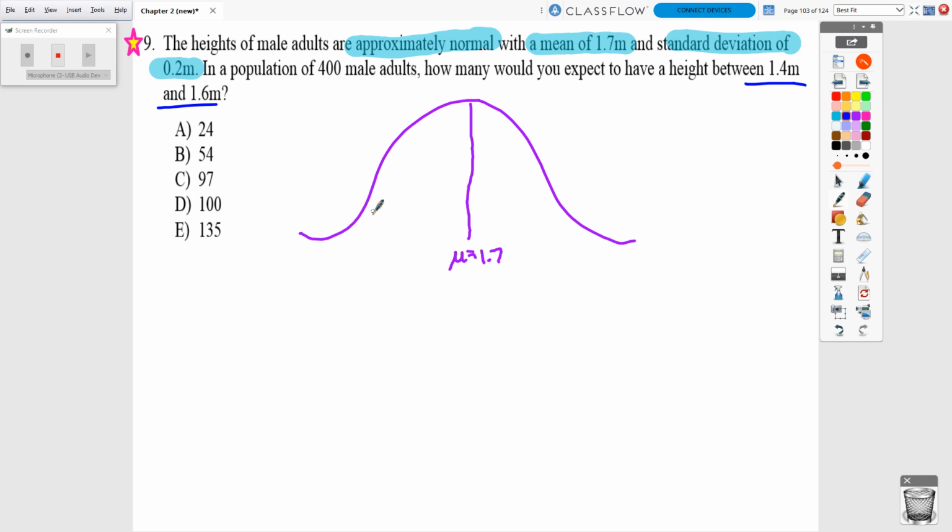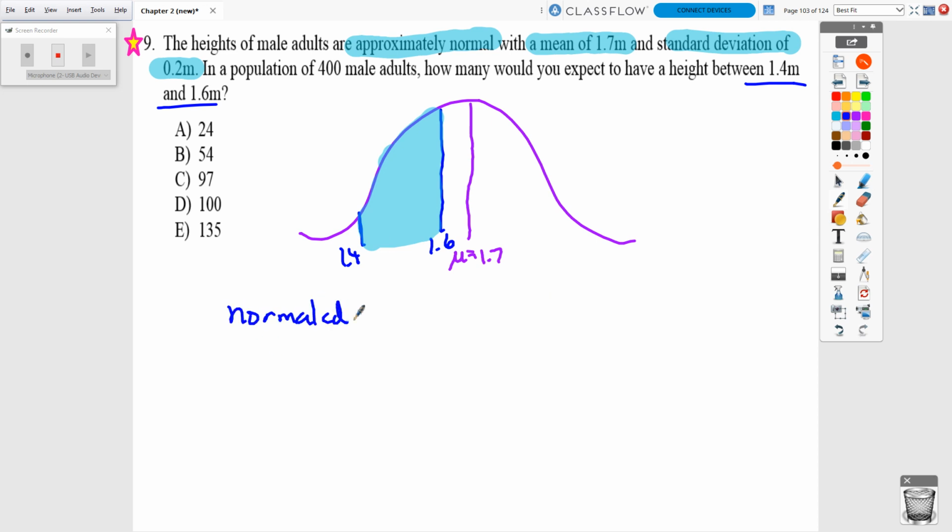Well, I know 1.4 is to the left of 1.7, and 1.6 is going to be to the left of 1.7. So I'm just going to estimate. Here's where 1.6 is, here's where 1.4 is going to be. And I can figure out what percent of values are between 1.4 and 1.6.